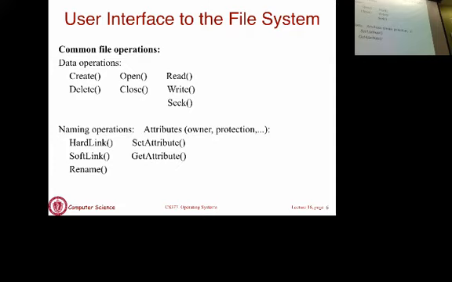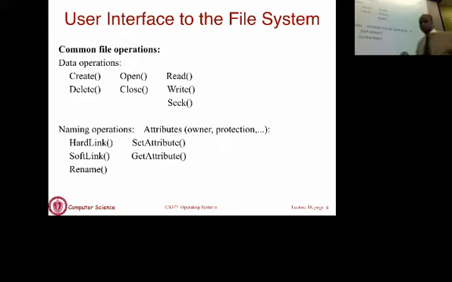So if you use Unix commands, for instance, change owner or change group, there are commands to change the ownership of a file or the group of a file, or you do chmod, which changes the permissions on the file. All of those will actually be implemented using get and set attribute internally. So that's the system call interface.